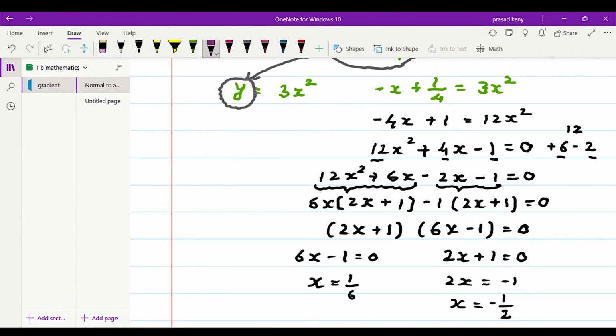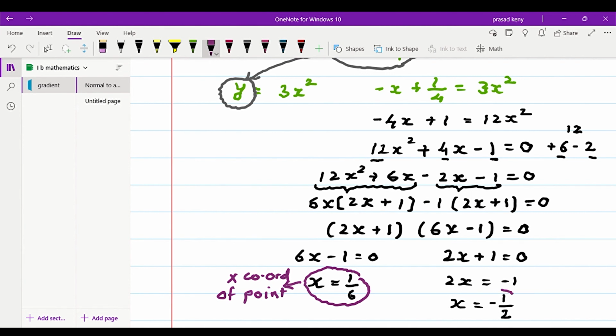See that here x is 1 upon 6. This is the x coordinate of point P, which already you have, but you want to find out the second point Q, the coordinates of the second point, and that will be given by equating the second factor to 0.